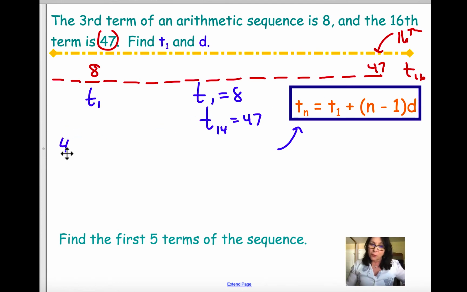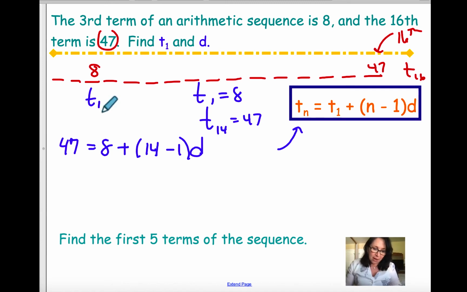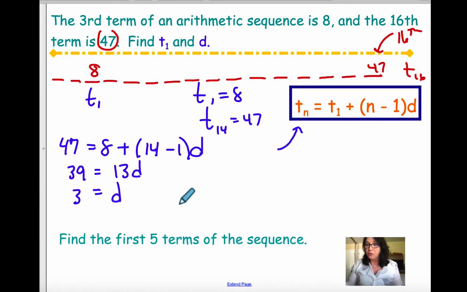So 47 is equal to my first term as we know it right now, which is 8, plus n, which is 14, minus 1 times d. So first I'm going to take 47 and subtract 8, and I get 39. 14 minus 1 is 13, d. I'm going to divide by 13, and I get my common difference to be 3.